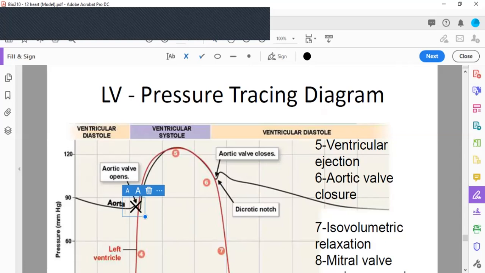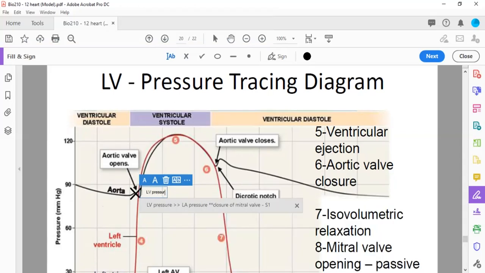That X represents, exactly at here, we can say the pressure in the left ventricle is greater than the pressure in the aorta, which causes the opening of the aortic semilunar valve, thus allowing blood to be ejected out into the aorta, which is known as ventricular ejection.